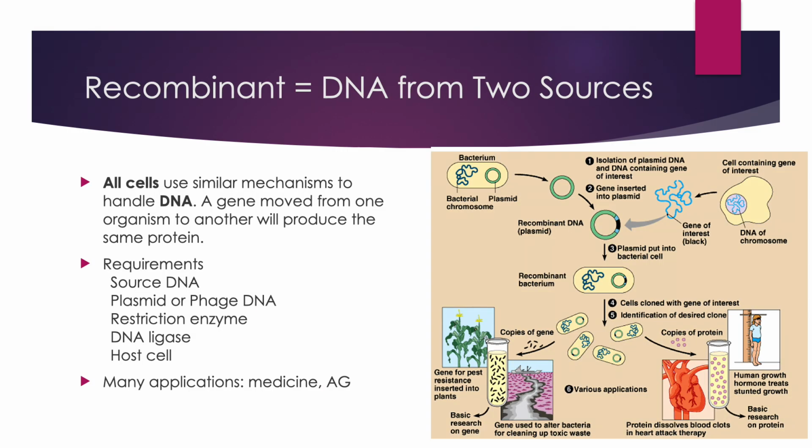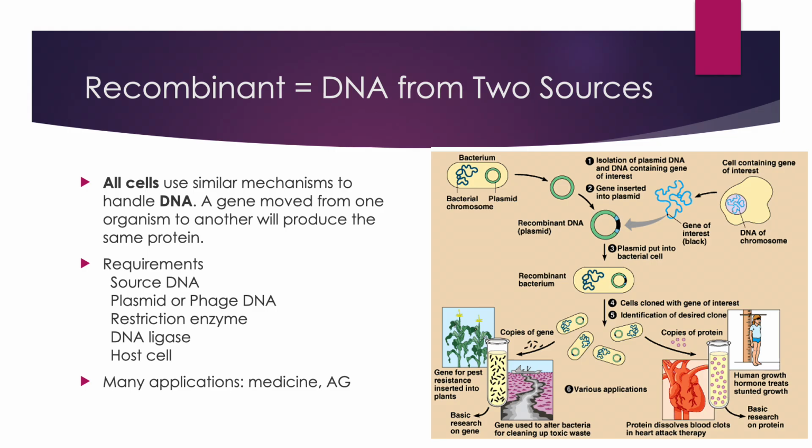So knowing these types of things, in the 1970s, scientists recognized that you could combine DNA from two sources and probably stick it in another cell and get that cell to make a protein that it normally didn't make. And all you needed to do this was your source DNA that you could cut and put into either a plasmid or a phage, and then heal it with DNA ligase.